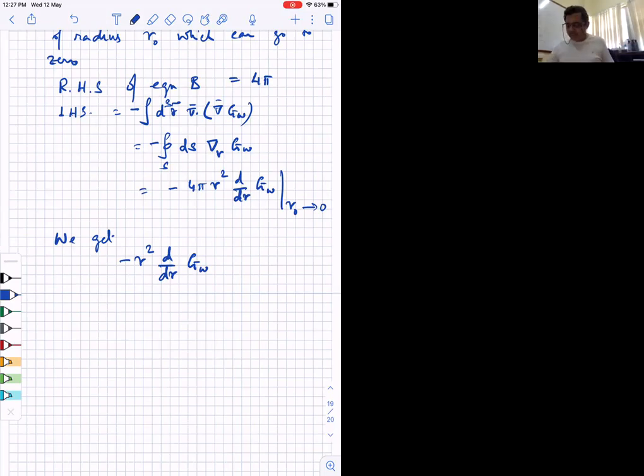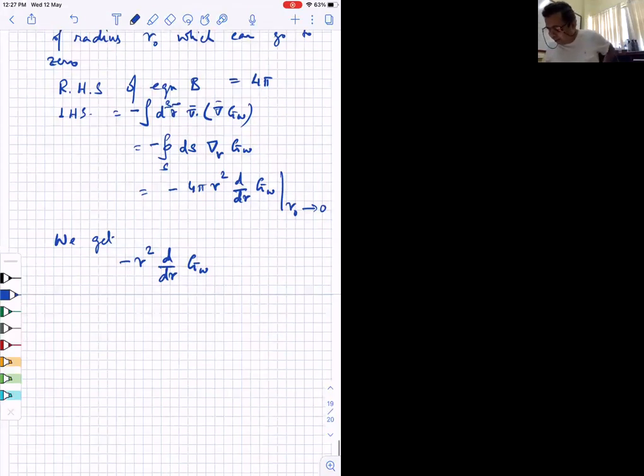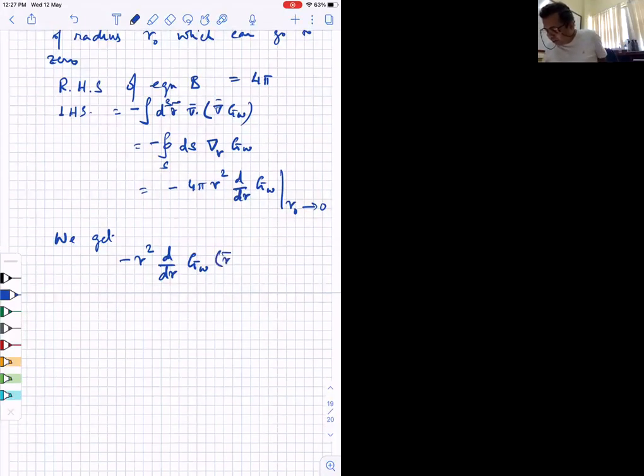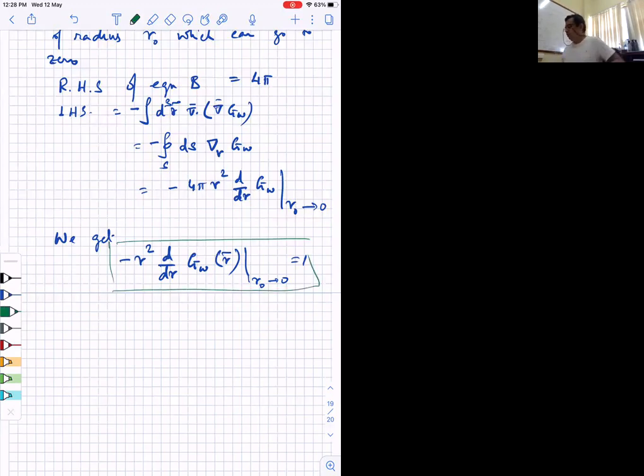Just check the grad in spherical coordinates and you'll find this is there. Going to 0 and this is 1. So you get this relation. It's quite nice the way it goes through. So this has a vanishing volume integral as your r0 goes to 0.